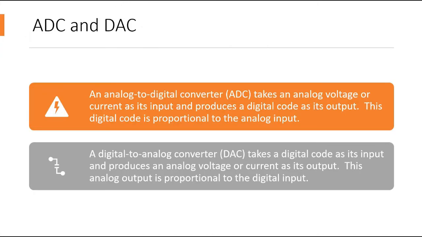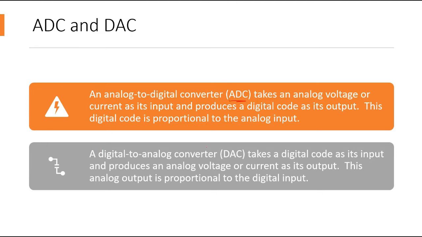Okay, for ADC and DAC. ADC or analog to digital converter takes the analog values, analog voltage or currents, okay, as an input and produces the digital code as an output. This digital code is proportional to the analog input. Okay, that is for an ADC.